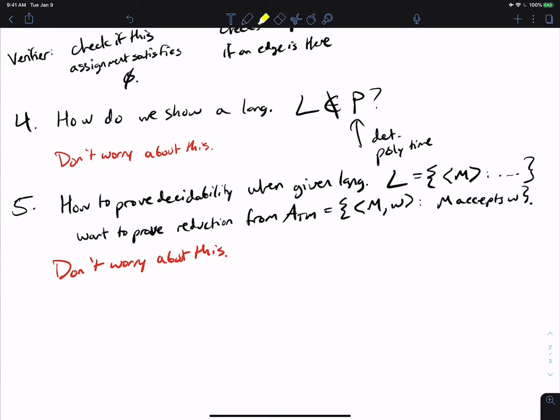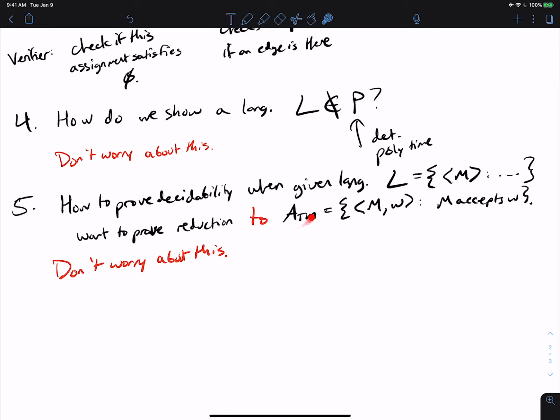Actually, no, I got this wrong. We want to prove a reduction to ATM. When we showed that ETM was undecidable, we supposed that it were decidable, and then showed that ATM would be decidable in that case, but it's not. That's a reduction from ATM to ETM.